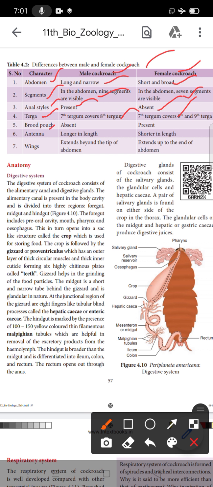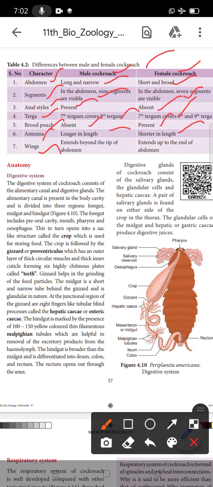Brood pouch is absent in the male cockroach. The brood pouch is present in the female cockroach. And antenna. Antenna is a sensitive part of the cockroach, already you know. Antenna is longer in the male cockroach, shorter in the female cockroach.